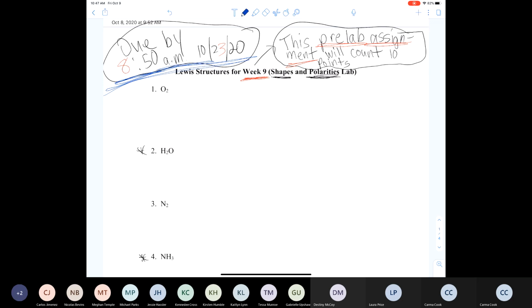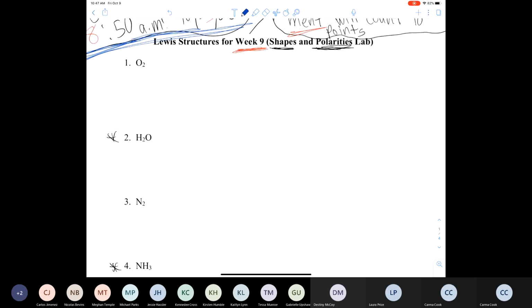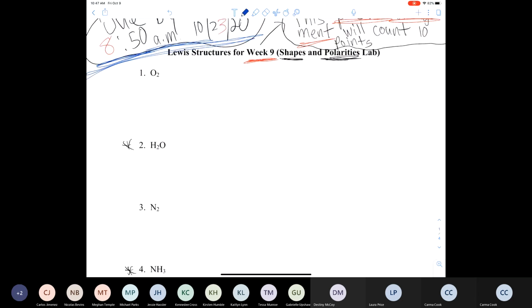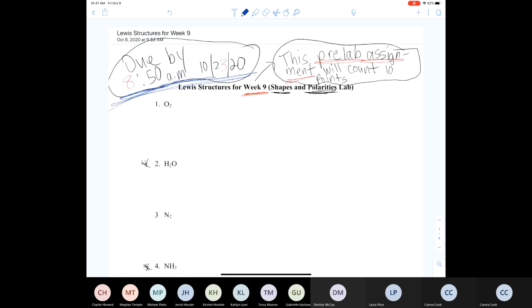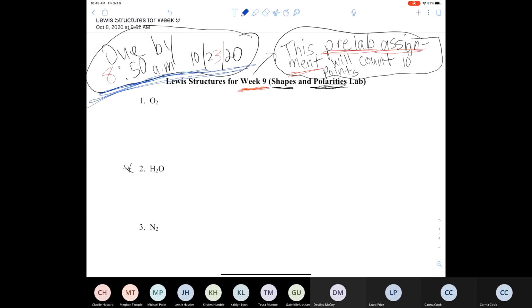You can either stay in the meeting once you're done with today's lab data sheet and start working on your Lewis structures, or if you would like to leave the class meeting early today, you're free to do that as well. Have a good fall break. If you are in my lecture section, remember that your Chapter 3 homework and quizzes are due by tonight as well, and your midterm exam is due by Sunday night.